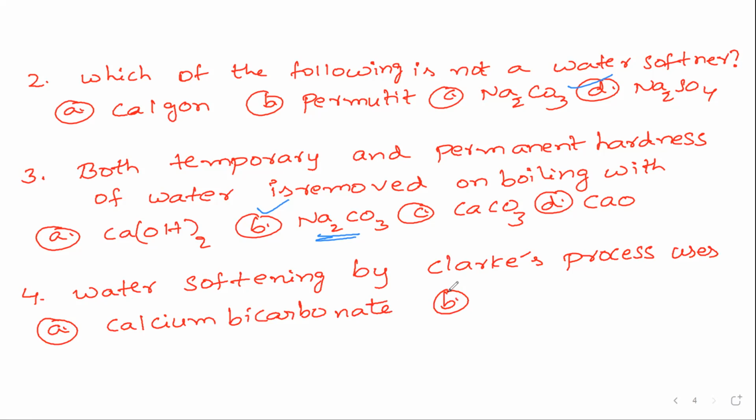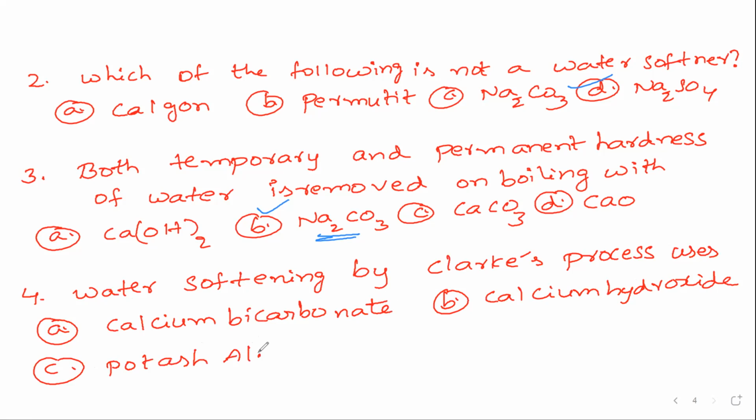Option B, it is calcium hydroxide. So by this time you should know the answer. Option C, it is potash alum. And option D, it is sodium bicarbonate.